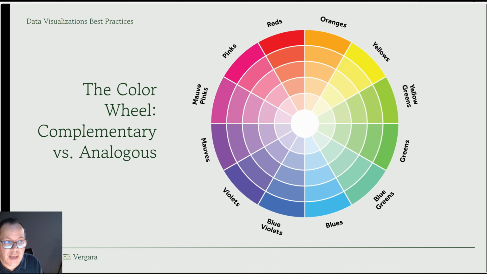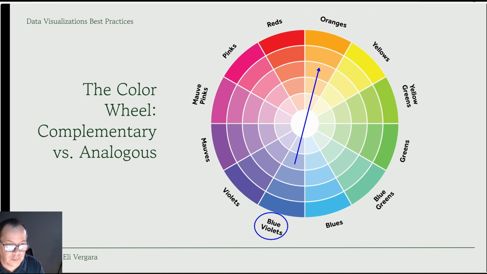Now, when we look at what designers have created and is known as the color wheel, we can identify different colors in different places of the wheel. What that does is allows us to see colors that are complementary and colors that are analogous. So complementary colors refers to colors that are opposite from each other.